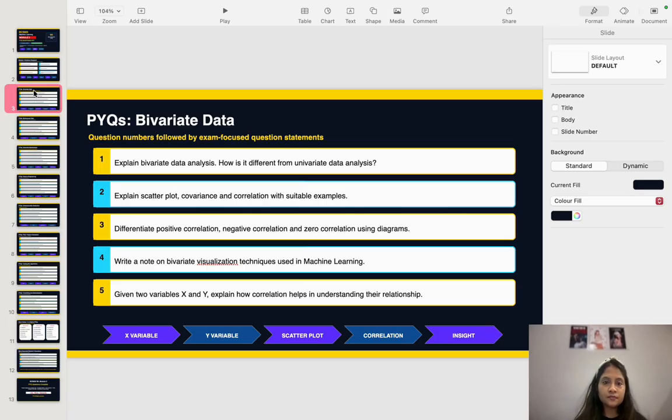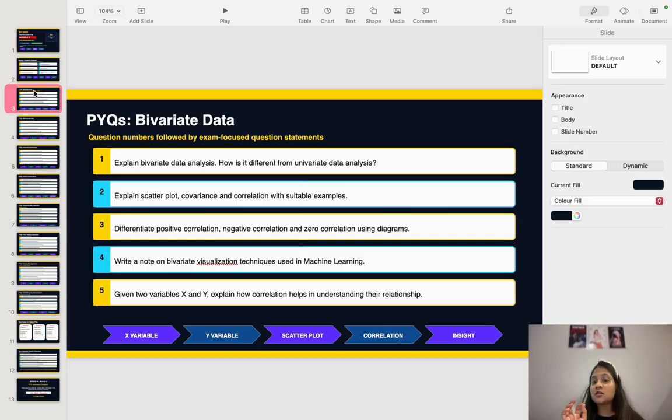Next is: explain scatter plot, covariance and correlation with suitable examples. Correlation measures the strength and direction of the relationship between two variables. Correlation value lies between -1 and +1. Remember this. If correlation is positive, both variables increase together.